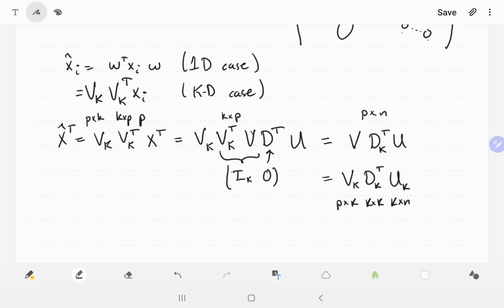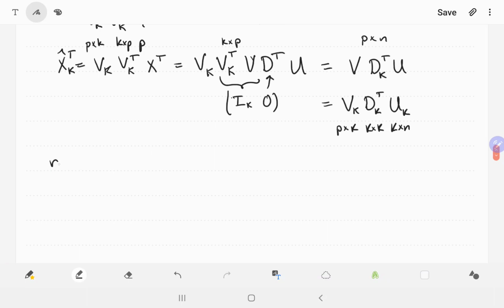We can do that either by zeroing out the eigenvalues in X, or by only using k eigenvectors and eigenvalues. Okay, so the result is that this x hat k is the best rank k approximation to x.